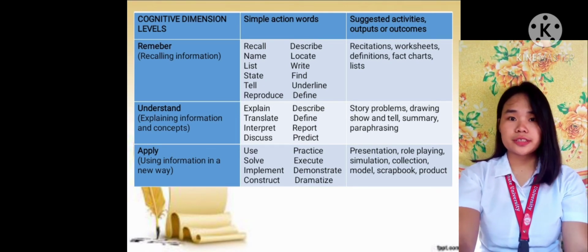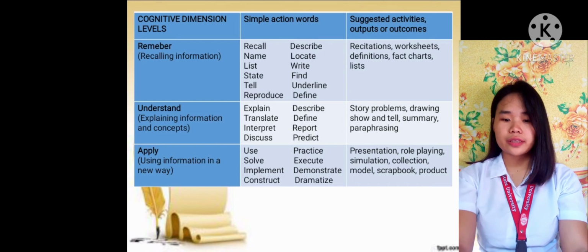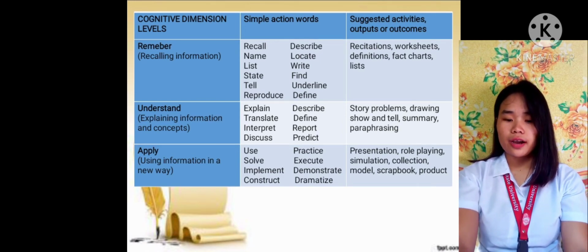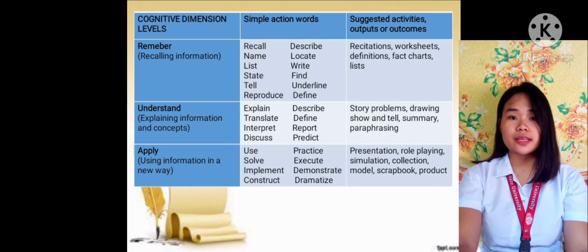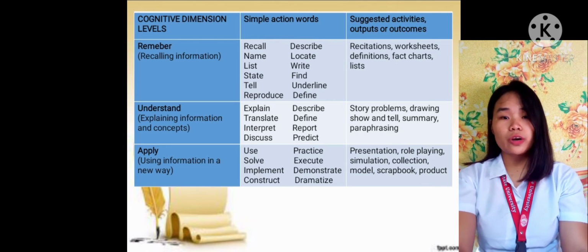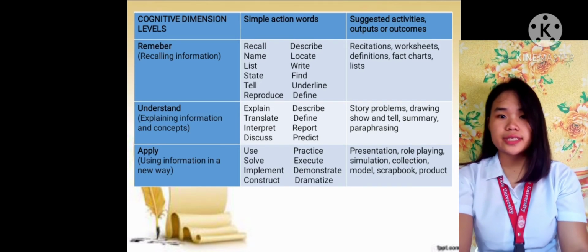The action words that can be used in remember are recall, describe, name, locate, list, write, state, find, tell, underline, reproduce, and define. The suggested activities under remember are recitations, worksheets, definitions, fact charts, and lists.